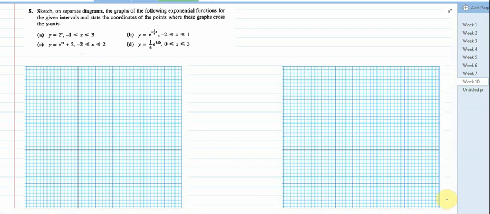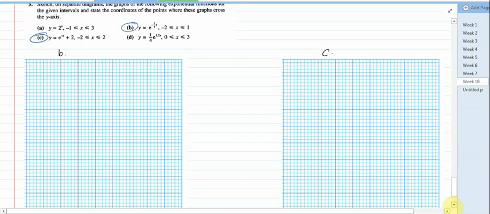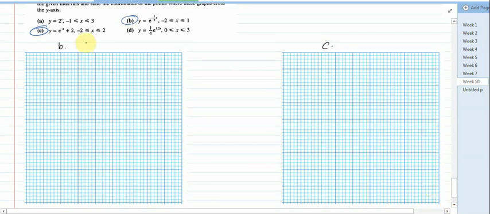In this 4-part question, we are going to attempt part B and part C. On my left side of the screen I will do part B, and here I will attempt part C. In part B, the equation we have is y is equal to e to the power minus 1 over 2x, and the values of x are from minus 2 to 1.